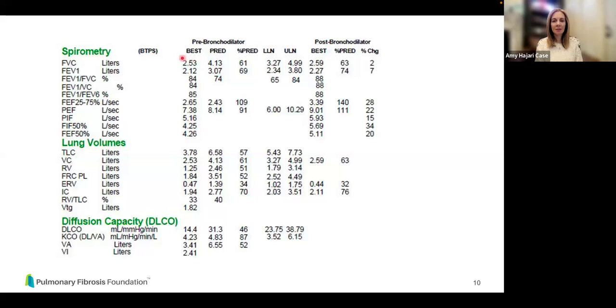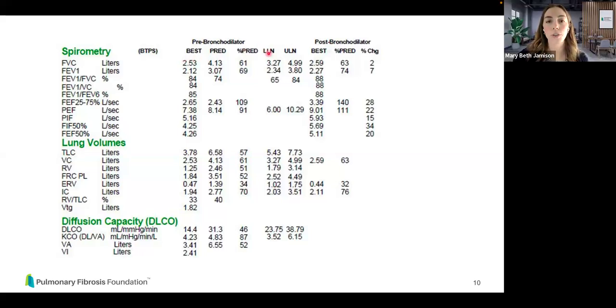I'll look over those, but just since I'm on here, the pre-bronchodilator versus post-bronchodilator, that's not on every report. It might say post, but there's not always numbers there. That's if we're doing a test with an inhaler. So sometimes we'll get the pre-bronchodilator, so it's just a normal pulmonary function test. Then we'd have you use the inhaler. And if you get benefit from it, we'll see a change in the bronchodilator numbers.